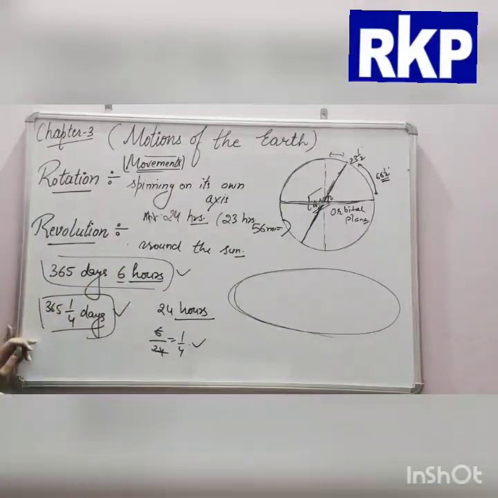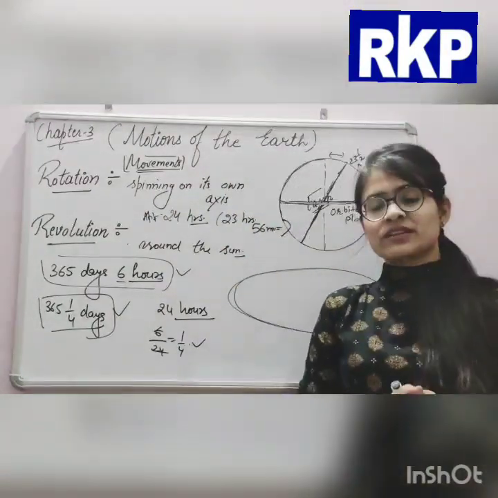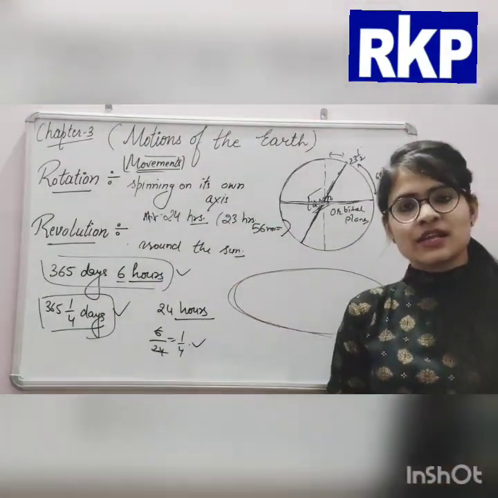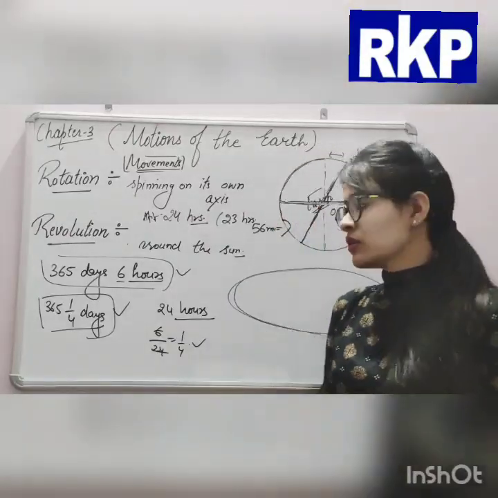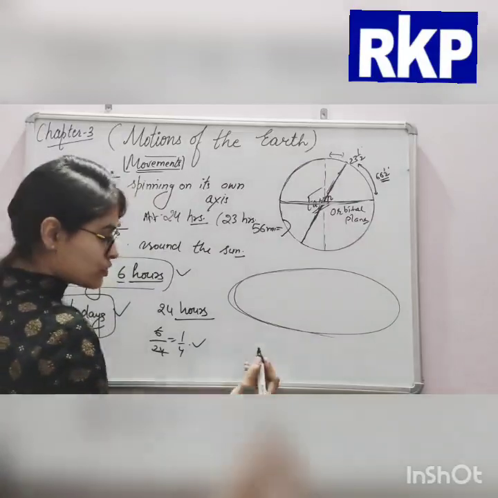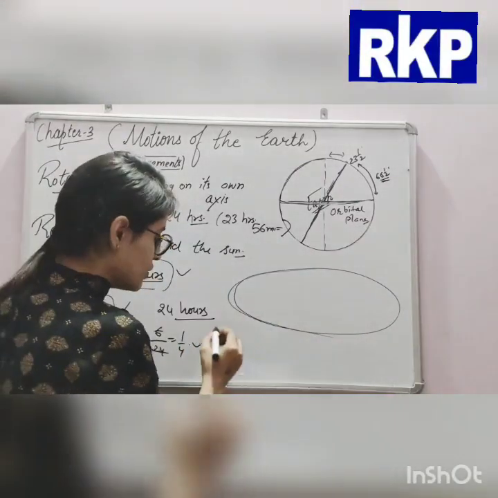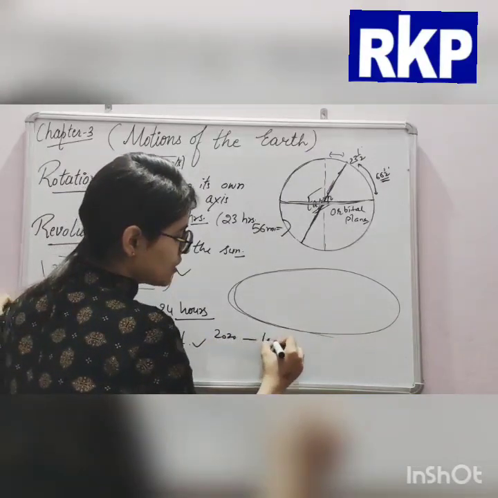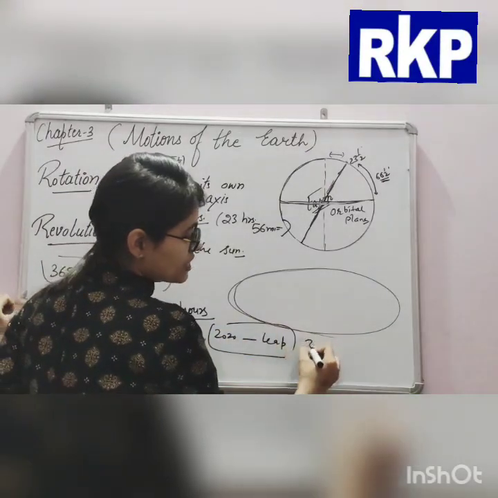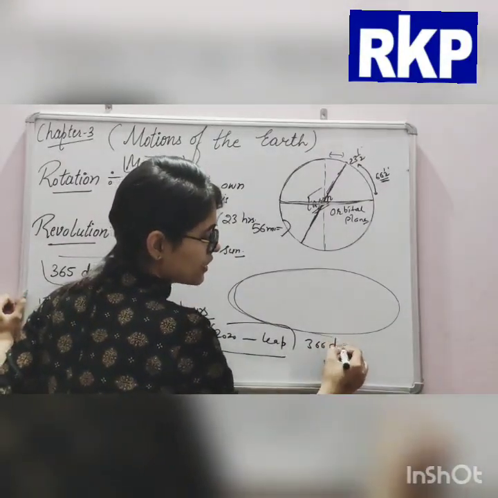Now, to make this practice easy, what will we do? In the first year, suppose we are in 2020. Yes, we are in 2021. So 2020 was a leap year. Leap year means a year with 366 days.